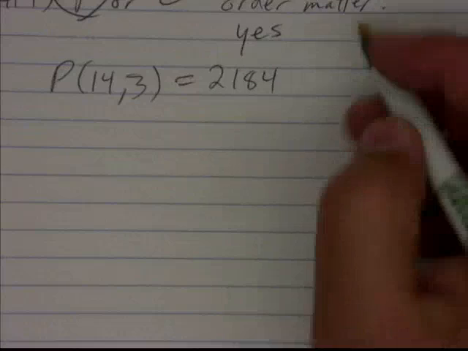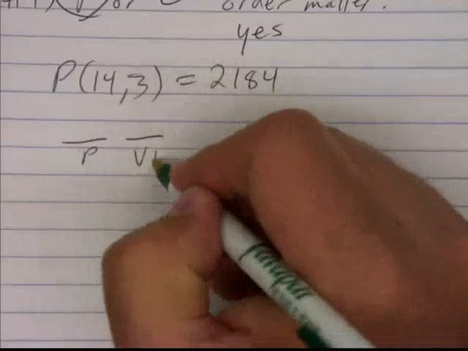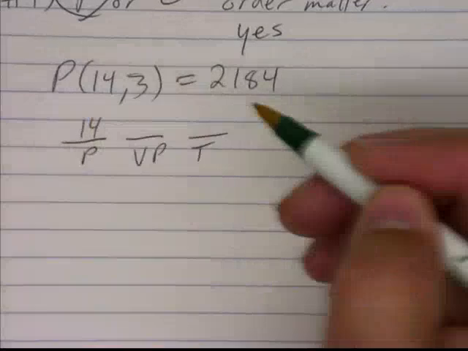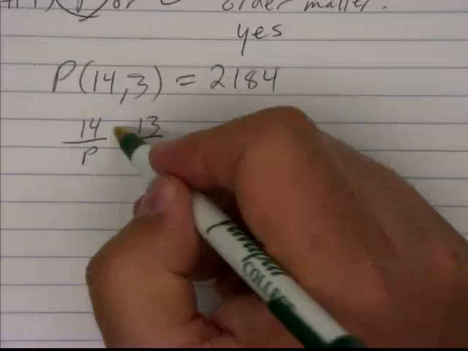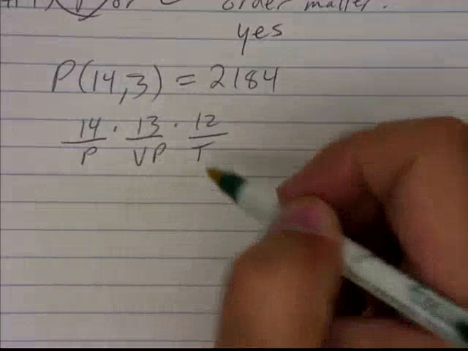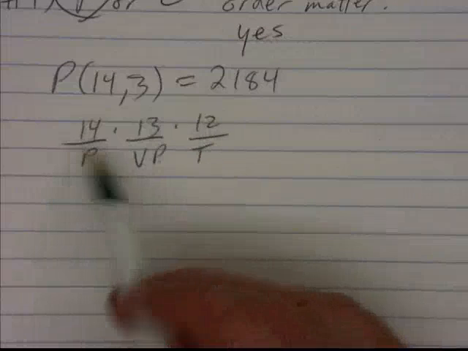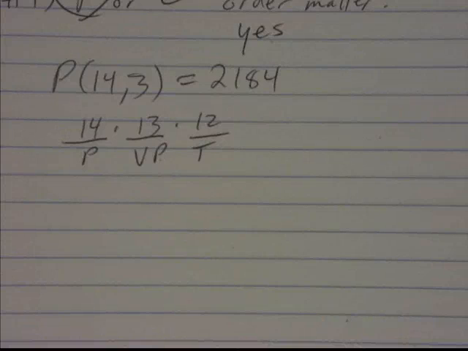Or if you were doing the slot method, you would say president, vice president, treasurer. There are 14 people that could be president, 13 people that could be vice president because we already picked one for president, 12 people that could be treasurer because we already picked these 2 offices. And since order matters, we're not overcounting anything, and so we can just multiply those out, and you'll get the same thing that you got here.